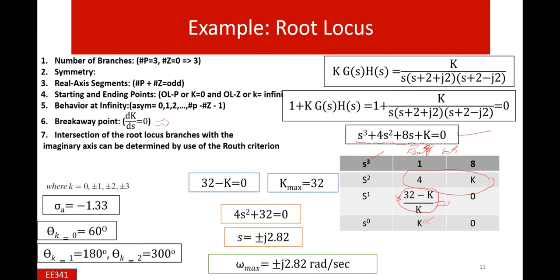It means we have this oscillation, which is the maximum oscillation linked to these values. So the system is showing oscillatory behavior when the closed loop poles are lying on this vertical axis, where k is equal to 32. Further, if we increase the value of k, then definitely the system will be unstable, and before this value of k equal to 32, the system is stable.